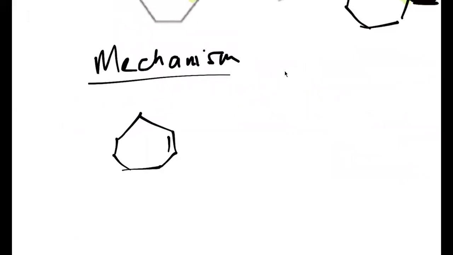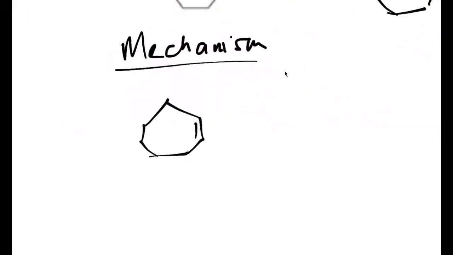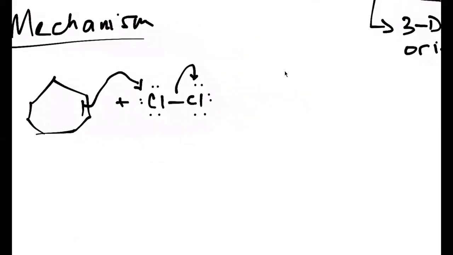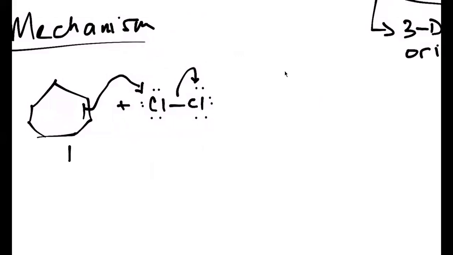And that's plus chlorine. So the first thing that happens is this is going to attack chlorine and break that chlorine sigma bond. This is nothing new. You've seen all this stuff before because it's a basic nucleophile. So the alkene is my nucleophile, and then the chlorine is my electrophile.